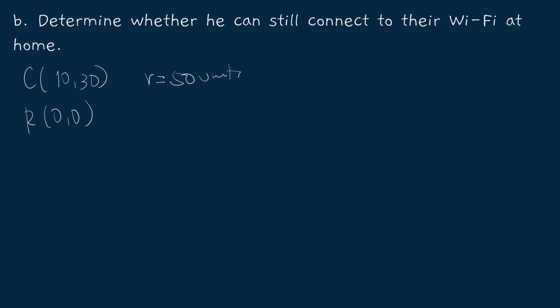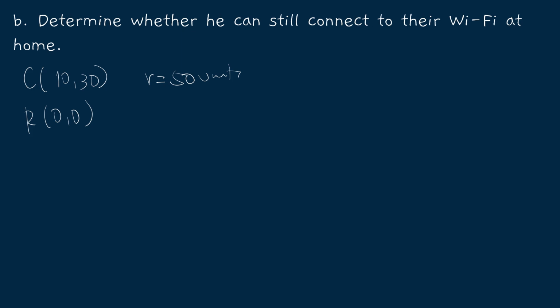In this problem, we can see we have two coordinates, right? The first one is the center of the previous circle, which is (10, 30), and the second is (0, 0), and r is 50 units. So in this particular problem, we can use the distance formula to solve how far Rowell is from their house, and if it is in the range of their Wi-Fi signal.